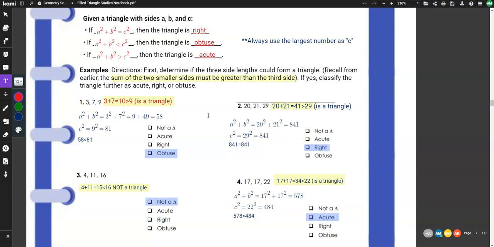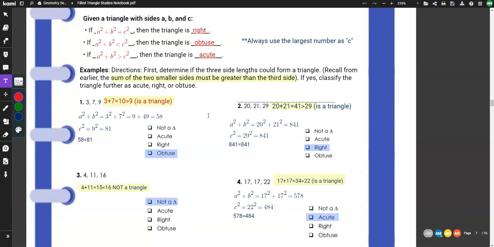Number 2 is 20, 21, and 29. 20 plus 21 is 41, which is greater than 29, so it is a triangle. I did a squared plus b squared and got 841 because 20 squared is 400 and 21 squared is 441. Add them together and you get 841.